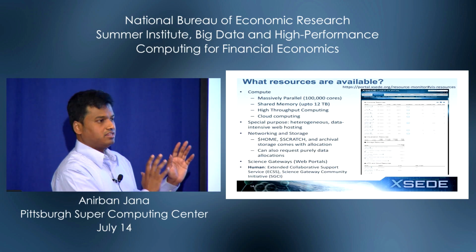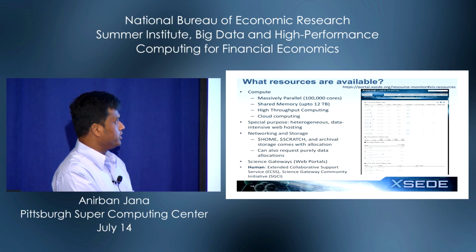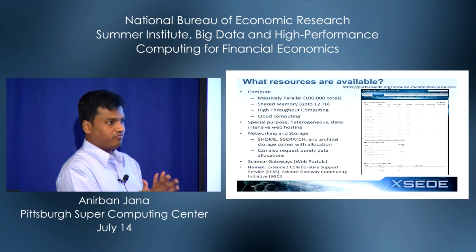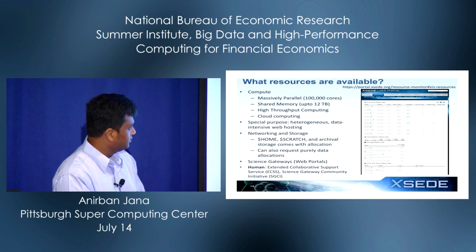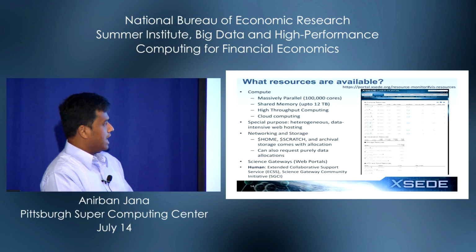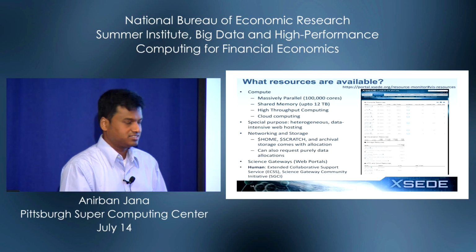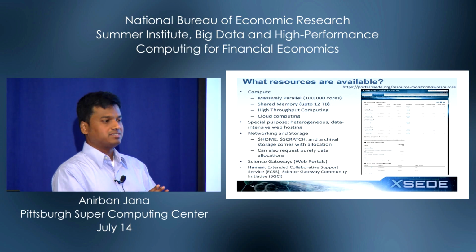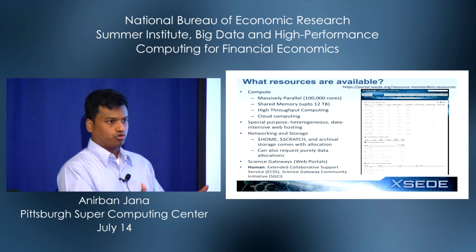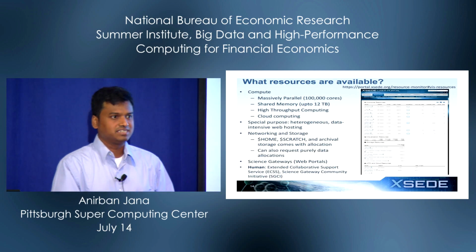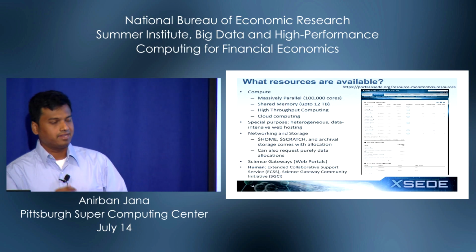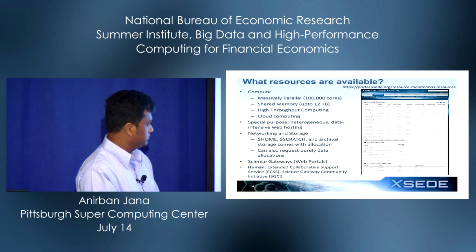And each of these large computing resources also go with a lot of parallel file systems or storage resources. Now, on some of these, I think on Ranch at Texas, you can actually just request data resources to just store your data. At other places, you have to get both computing and storage.